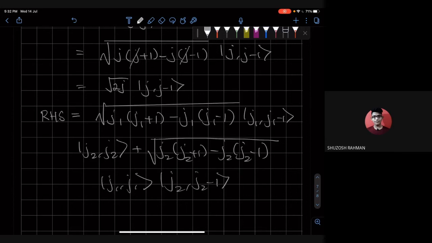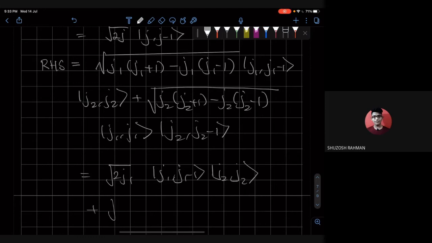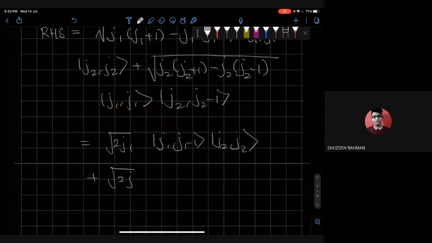Do you see what I'm doing here? I'm applying the lowering operator to every term, and these are the proportionality constants that I'm getting. Of course, this can be written as the square root of 2j1 times j1 minus 1, j2, plus the square root of 2j2 times j1, j2 minus 1.